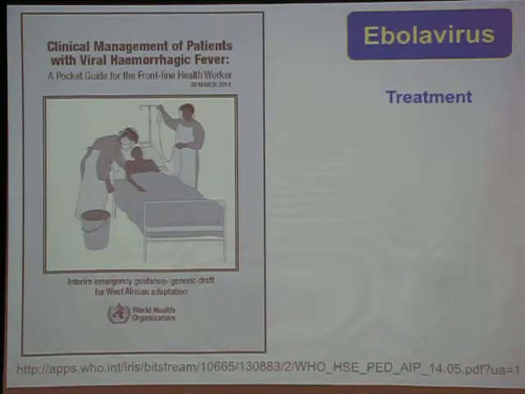There's a link in there, and I'll go over this in a minute, but one of the links is this, which was updated in March by the World Health Organization, and I think this is the one. It's a 209-page guide for Africa for hemorrhagic fever.